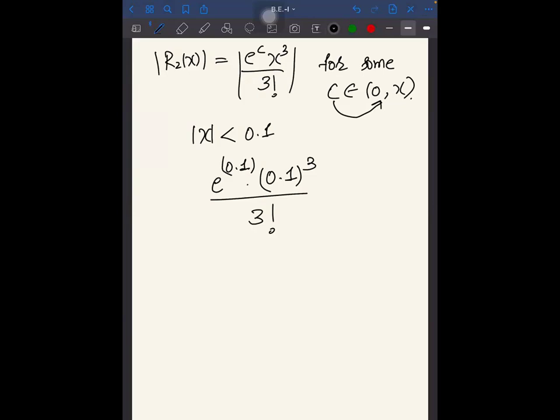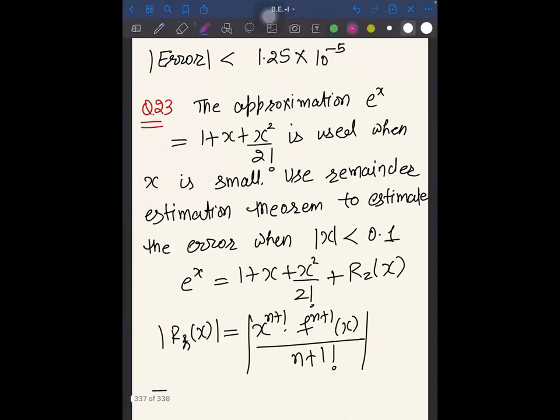Sir, on what basis have we termed it as R2(x)? See, you have a Taylor polynomial P2(x), right? How do you write the function?